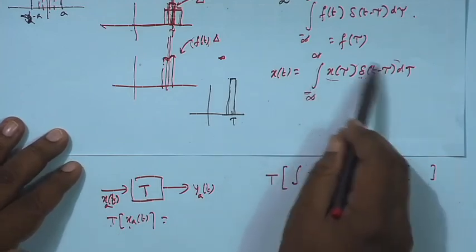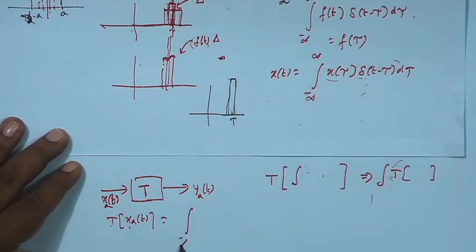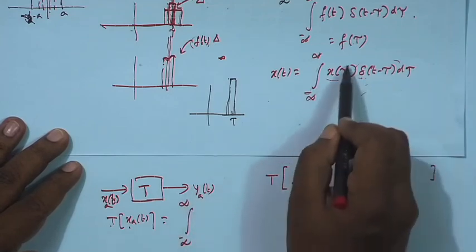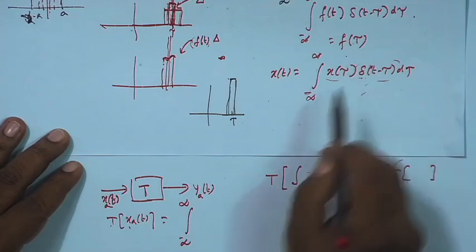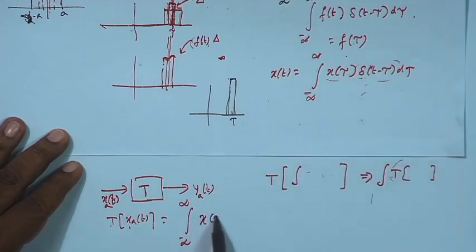So, that T if you bring here, T on this, but this is a constant, actual function of time is this. So, capital T will work on this part. So, it will be your x a tau, T working on this.